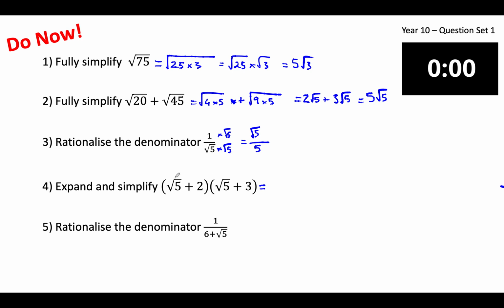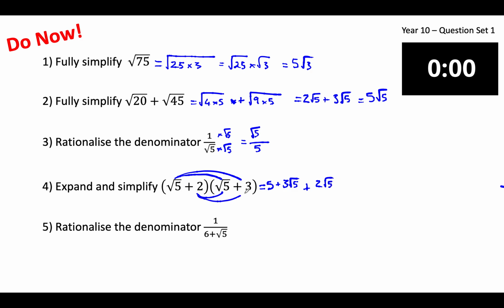Expand and simplify. Right, FOIL it. First, root 5 times 5, we've just said, gives you 5. Outers, so root 5 times 3 is 3 root 5, so 3 lots of root 5. Inners, 2 times root 5 is 2 lots, oh that's really bad, isn't it? 2 lots of root 5, not in a very straight line.